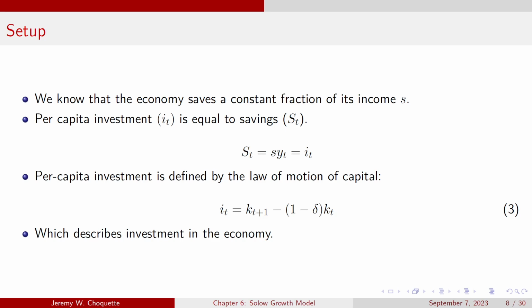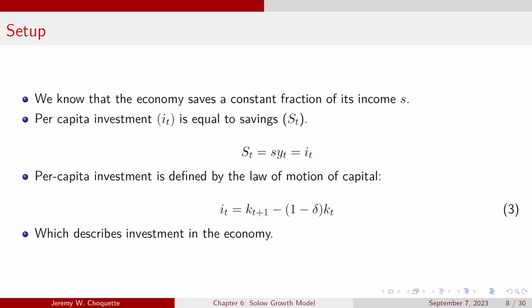Now, per capita investment is defined by the law of motion of capital. And it is investment i equal to k_{t+1}, future capital, right? The next period's capital, minus (1 minus delta) times today's capital. What is this? Well, that 1 minus delta, right, is accounting for depreciation of the physical capital that we have today.